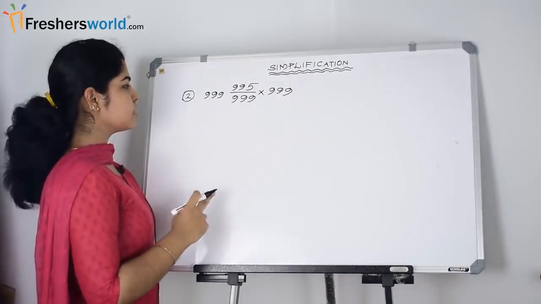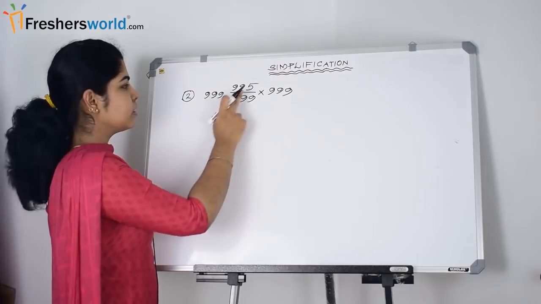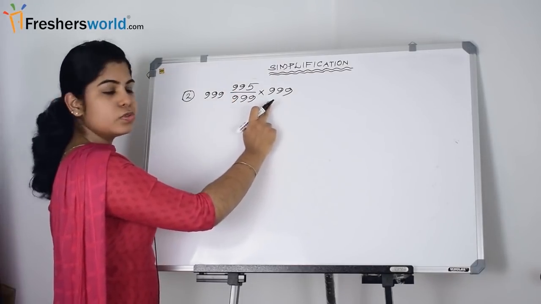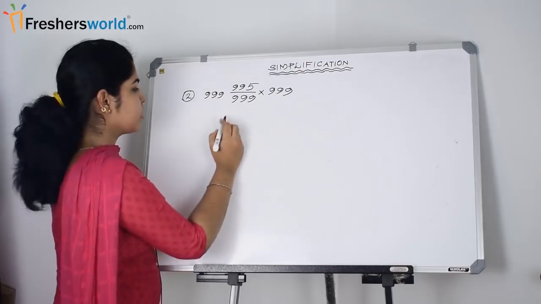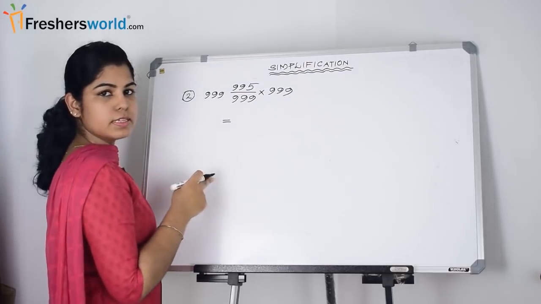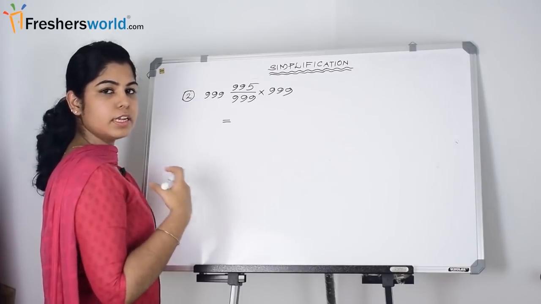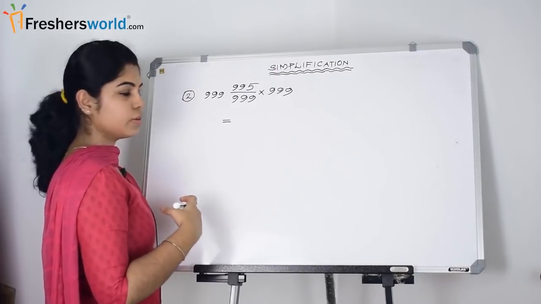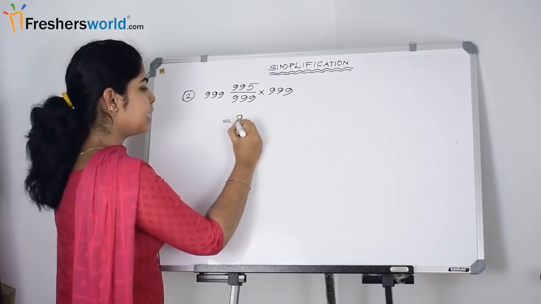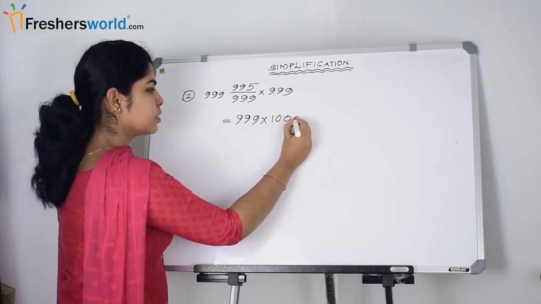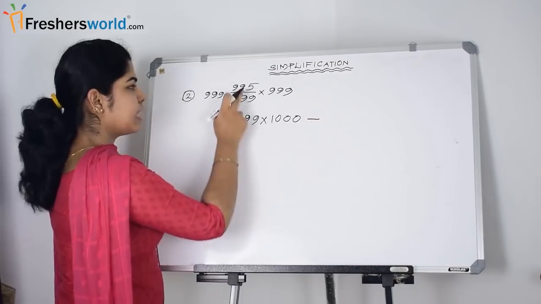See, now the second question is 995 by 999 into 999. How we can solve this using the formula? See, the formula is denominator into 1000 minus the added value. So here the denominator is 999 into 1000 minus the added value.